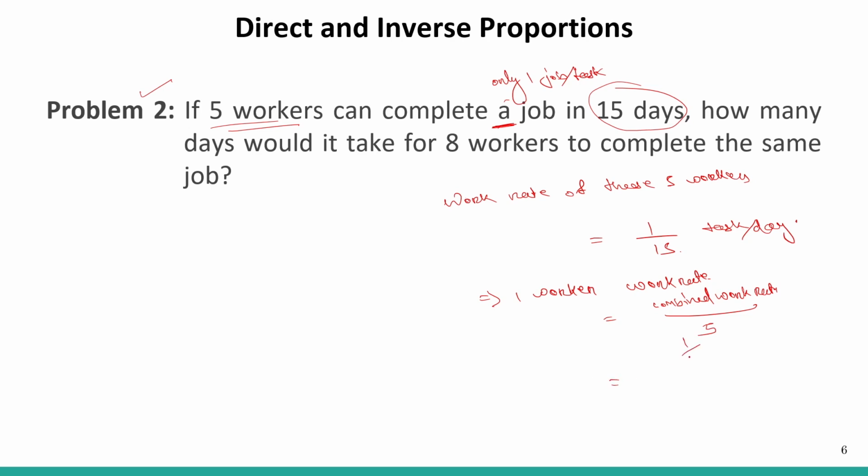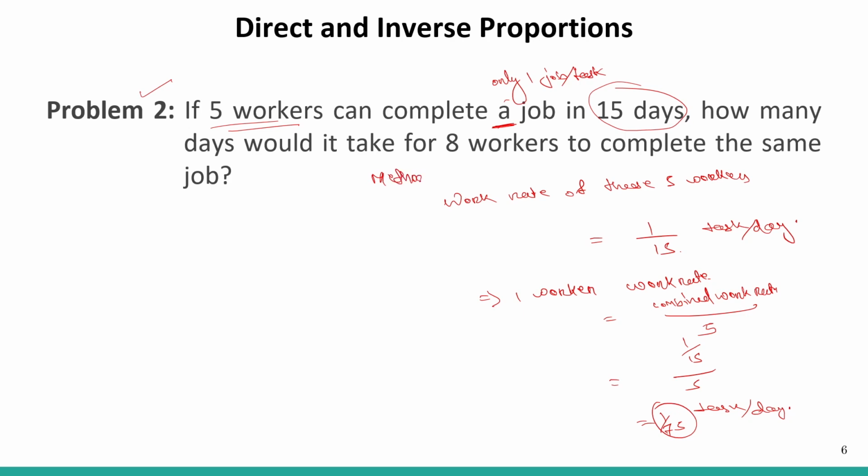So this will be 1 by 15 by 5, which is equal to 1 by 75. So one worker completes 1 by 75 of the task per day. So there are 8 workers working together.